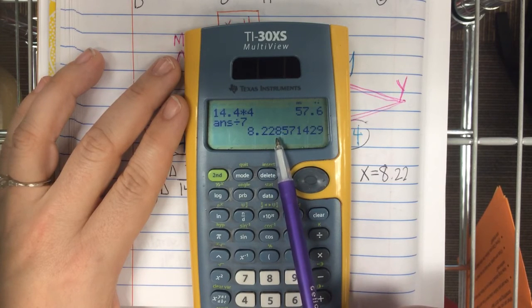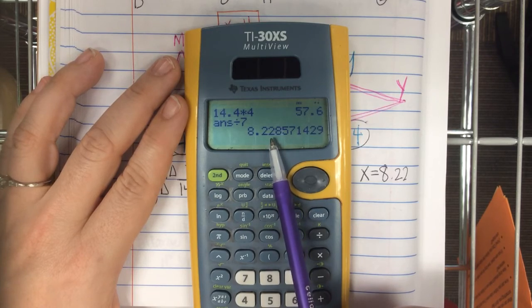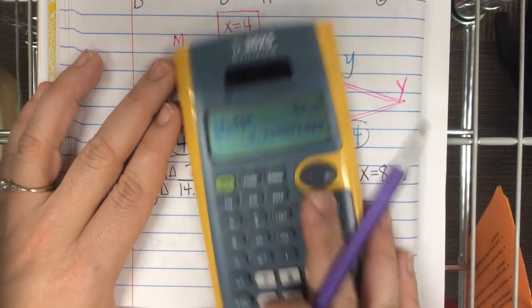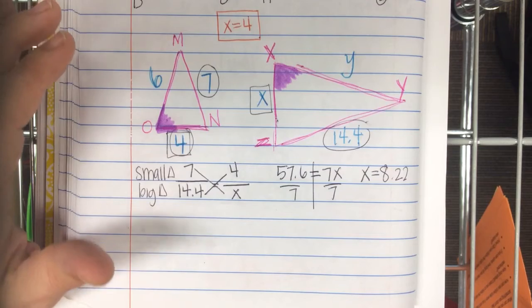It's bigger than 5, so that tells me I round up. So instead of it being 8.22, it's 8.23. You look behind the decimal to round.